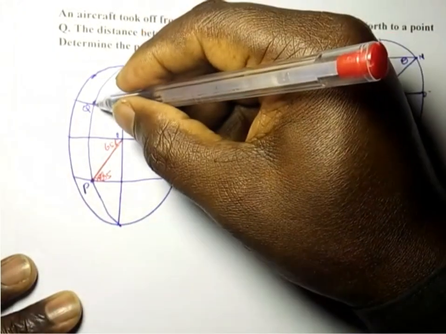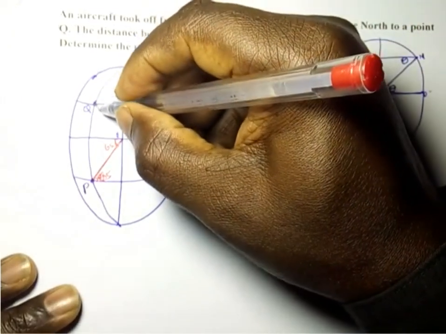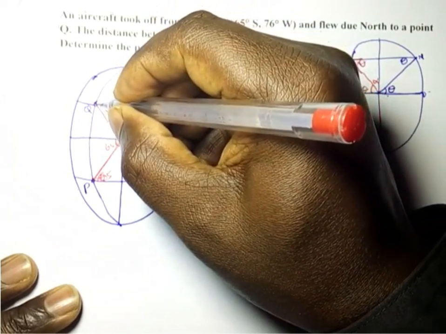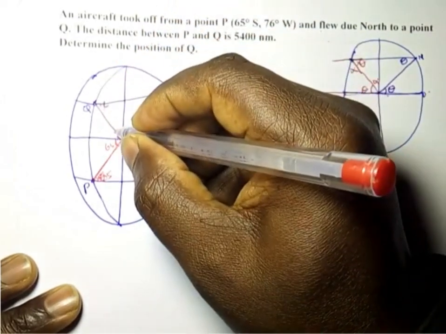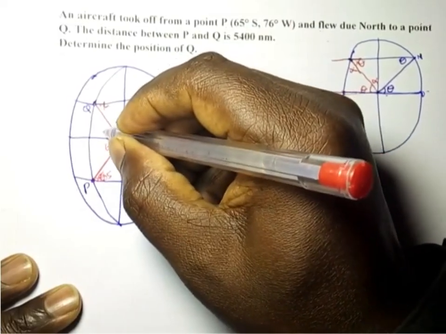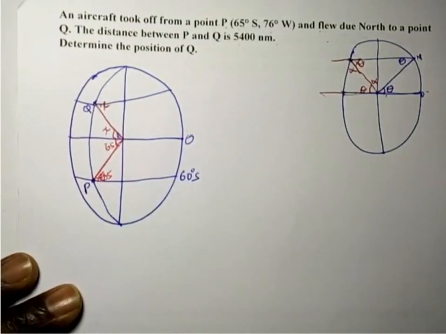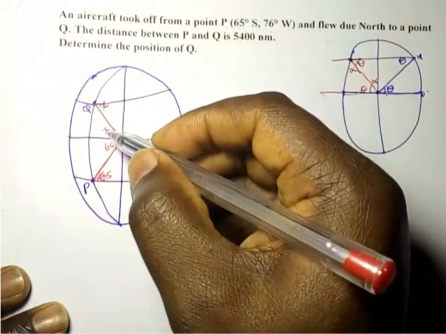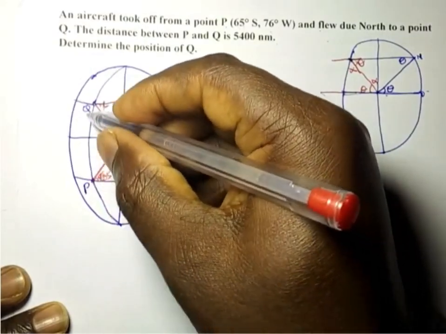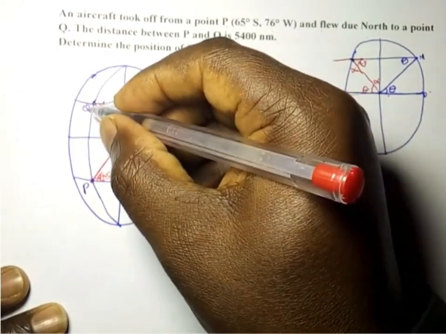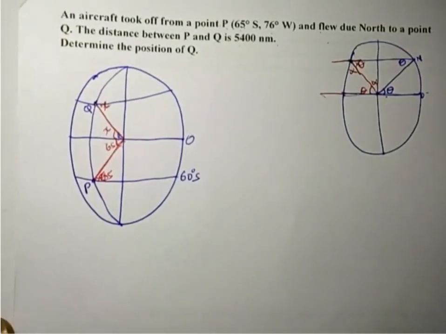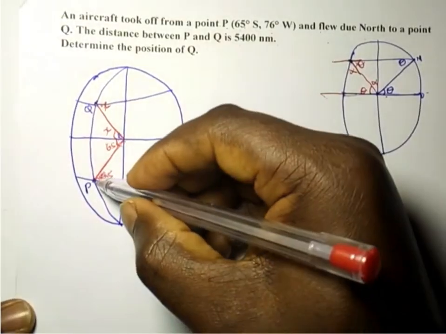This point Q, we don't know where it is, will also subtend an angle X at the center. So the difference is 65 plus X to give us PQ. The angle subtended at the center is 65 plus X.